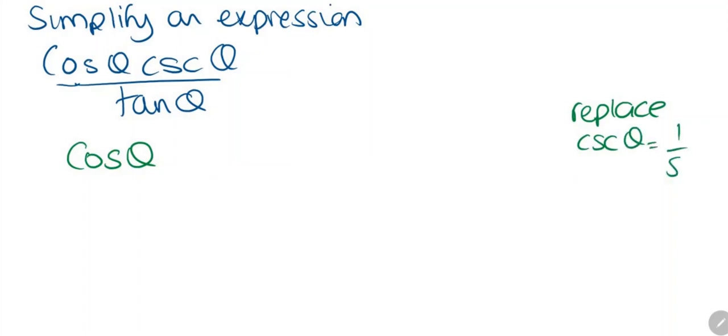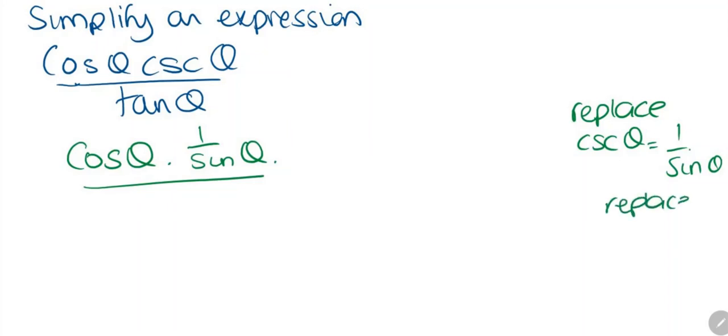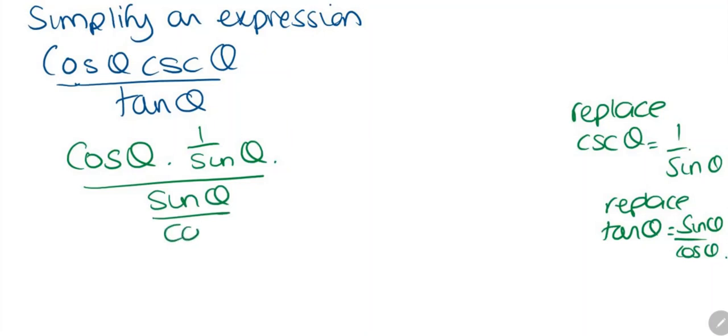This is equal to 1 over sine theta. So I'm going to replace this with 1 over sine theta. And this is divided by tan, and I'm going to replace tan theta with sine theta over cosine theta.